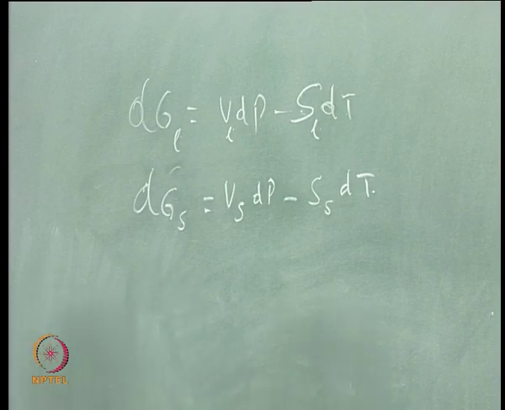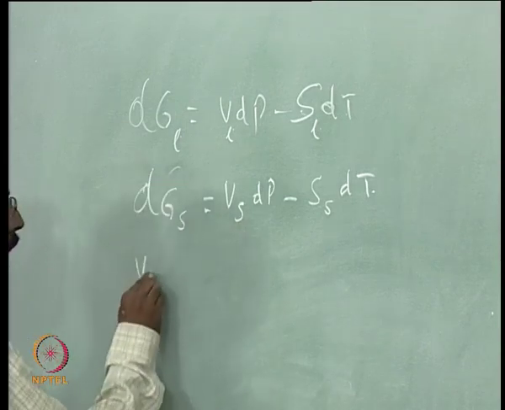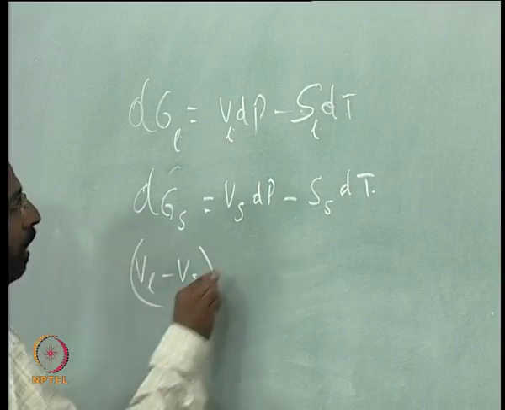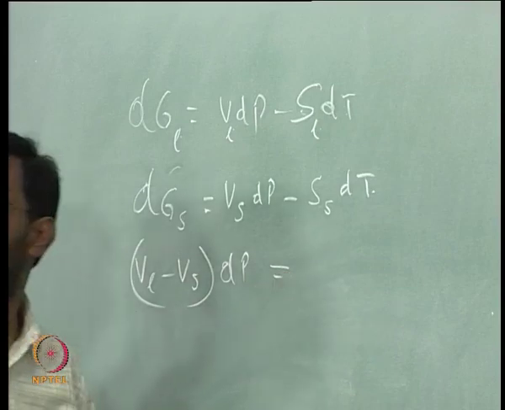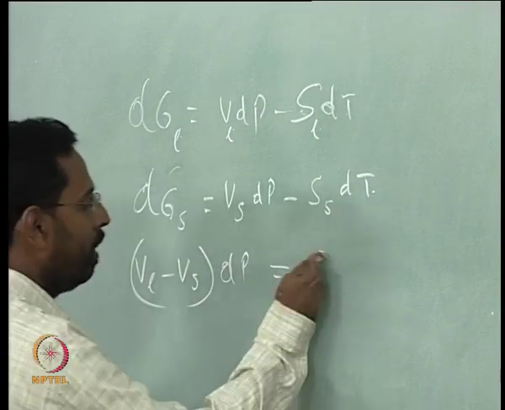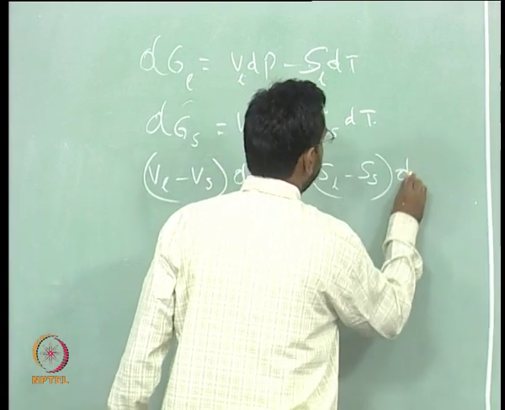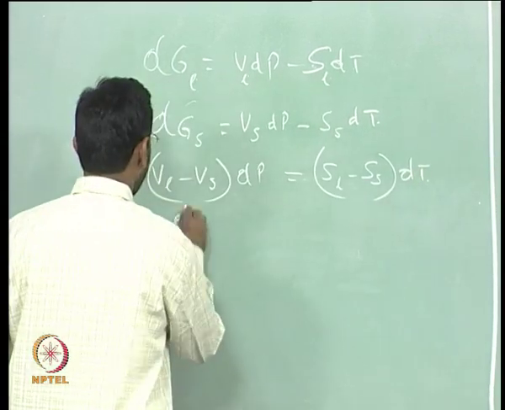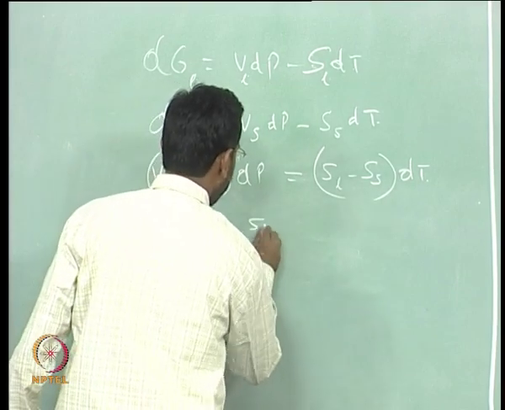So when we equated these two, we got an expression where VL minus VS into dP should be equal to SL minus SS into dT.